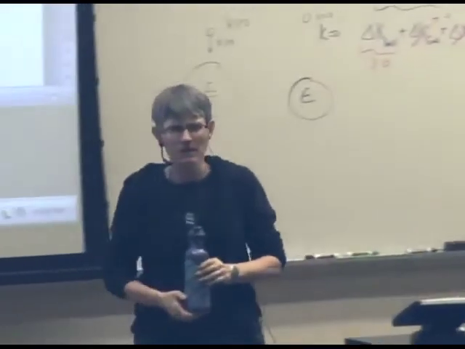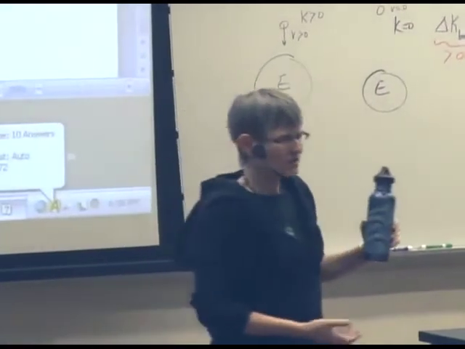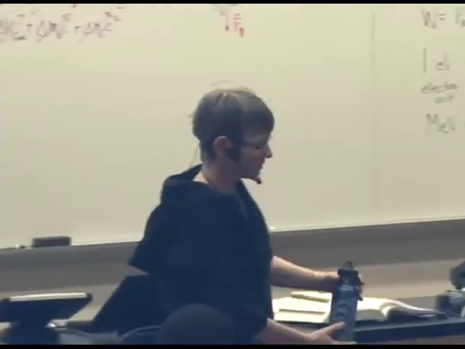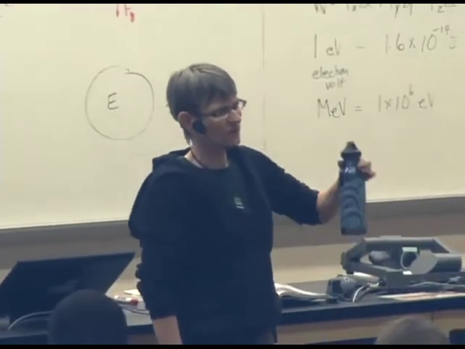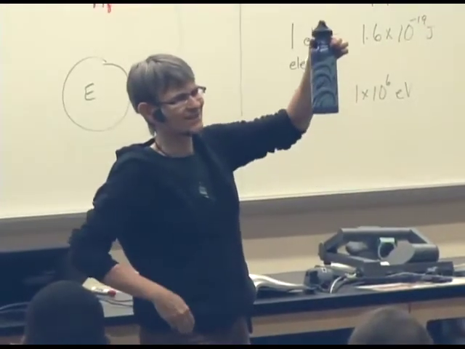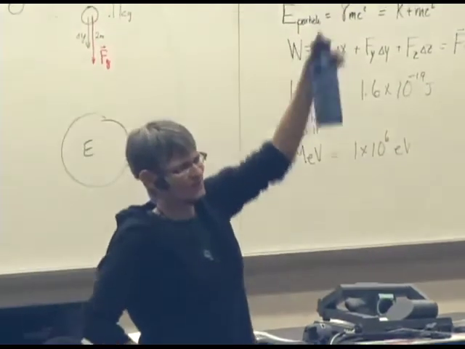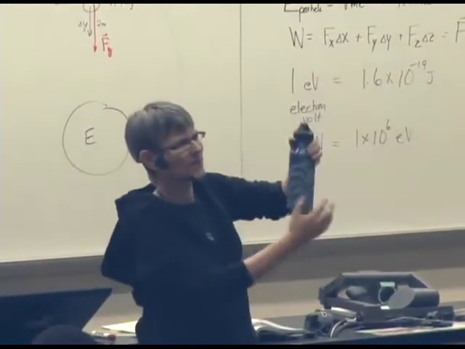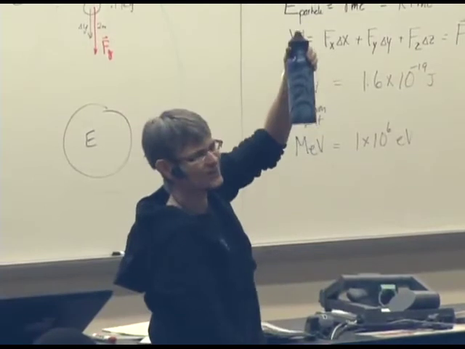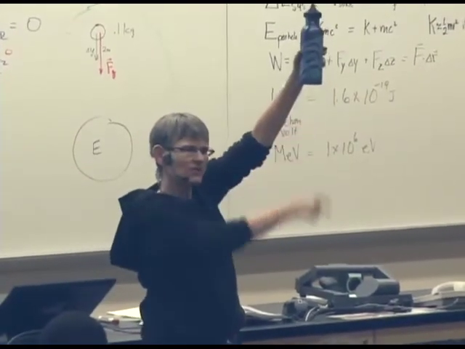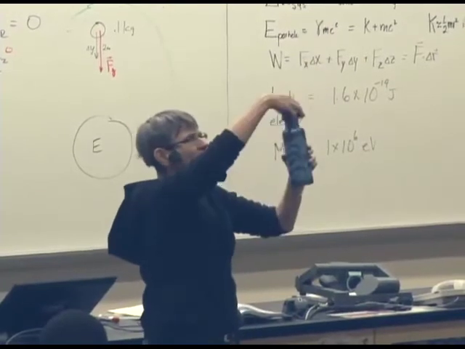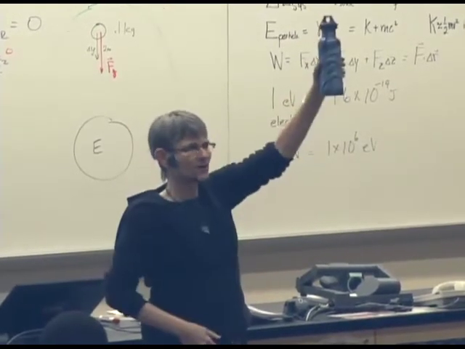So there is an interaction, and energy is associated with it, because if I pick up an object, even though I'm not changing its kinetic energy, I'm having to exert a force through a distance. I'm essentially stretching the gravitational spring. There's energy being stored in the system of the bottle plus the Earth that we can get back.